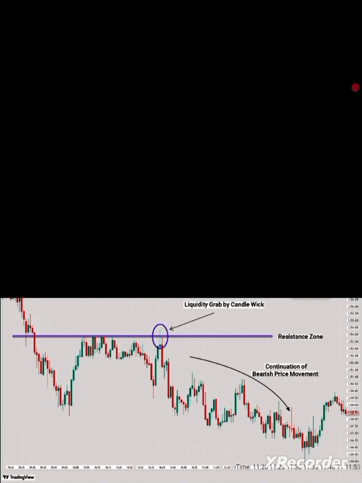Now, when we come to the 15-minute time frame and discover that this long upper wick candle that we saw on a resistance region in a 4-hour has broken structure, has broken the last higher low on a 15-minute, which has broken a structure on a 15-minute time frame.